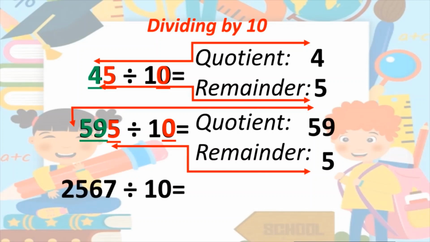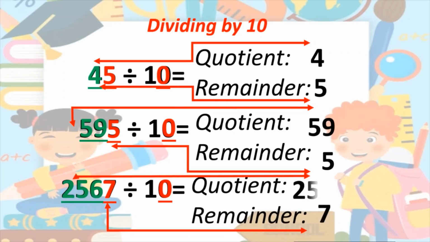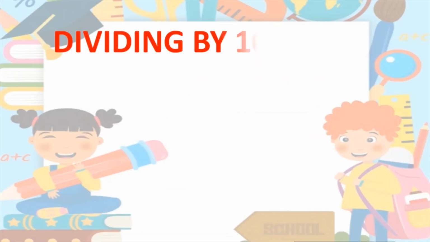Let's take another number. 2567 divided by 10. So we know the number 10 has 1 0. And in the number 2567, the digit in the ones place is 7. So again, 7 becomes the remainder, 256 becomes the quotient.